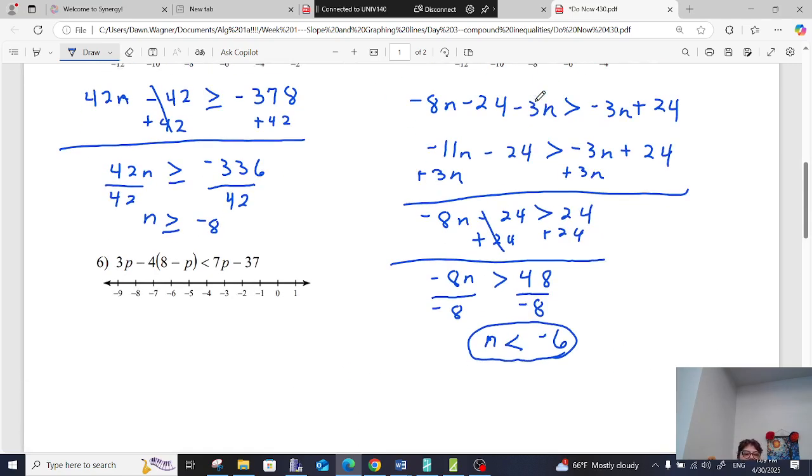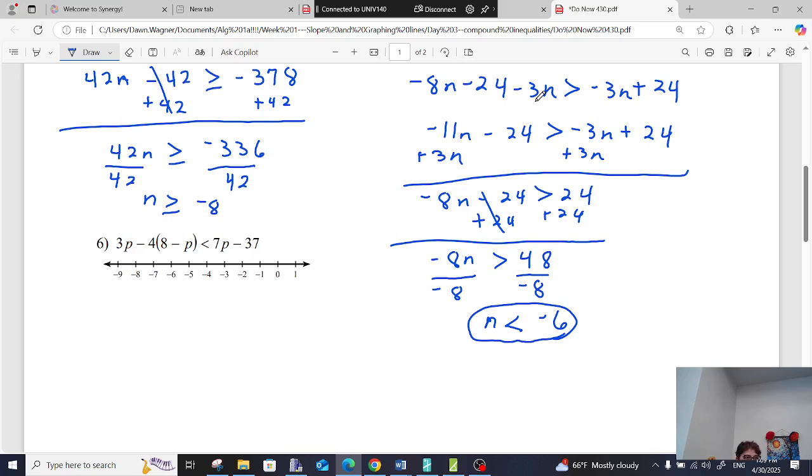Okay. We have one more. We have 3p minus 4 times the quantity 8 minus p less than 7p minus 37. When I have this minus sign right here, I have to be careful because that makes that 4 negative.